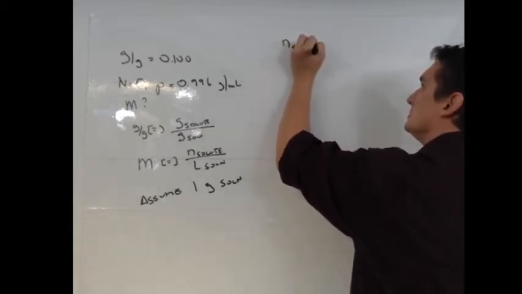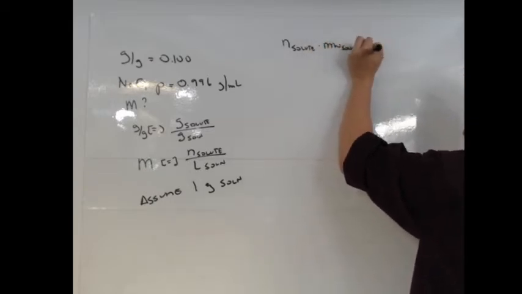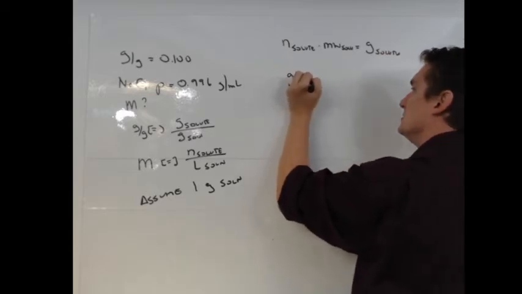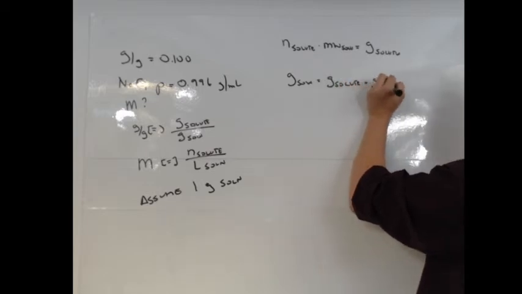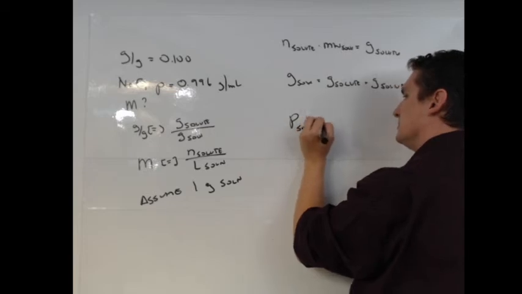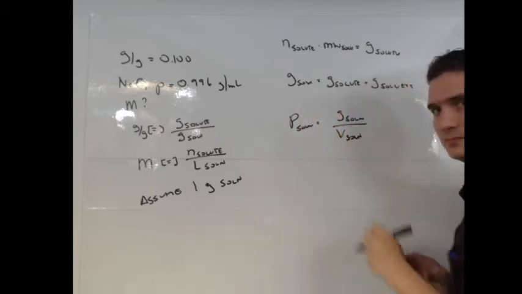Moles of solute times the molecular weight of solute equals the grams of solute. Grams of solution equals the grams of solute plus the grams of solvent. And density of solution is the grams of solution over the volume of solution.